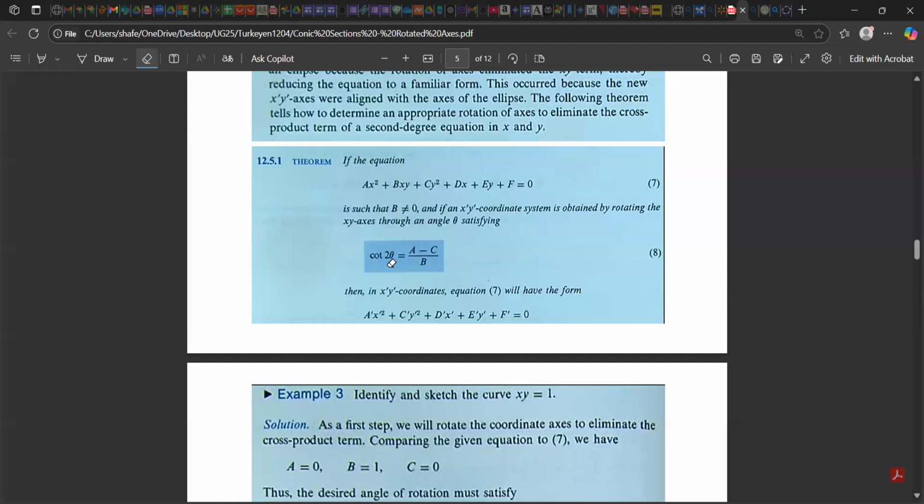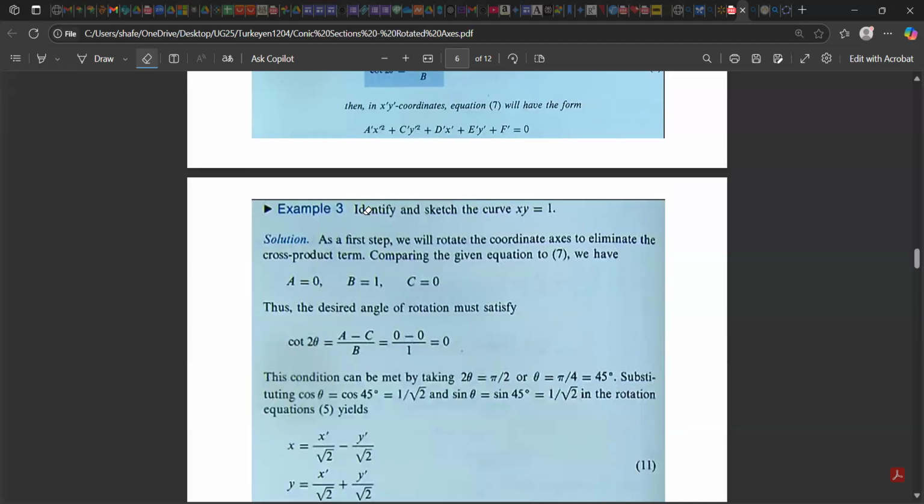Cot 2 theta, where theta is the angle of rotation, is equal to A minus C over B. So once you can pick out A, B, C, or D, E, and F, you can actually figure out the rotation of the conic section. So there you have it. Very simple approach you have there, right?